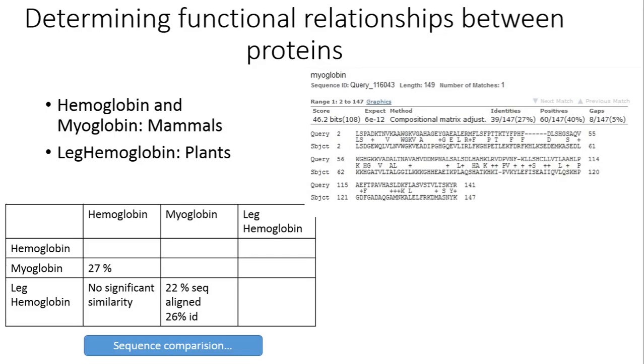But the best case scenario when we compare hemoglobin, myoglobin and leghemoglobin is a 27% best score, for hemoglobin and myoglobin. So one would consider by elementary sequence analysis that there are very few chances that these proteins might be related to each other.